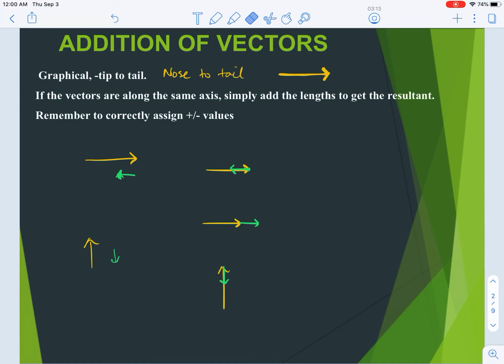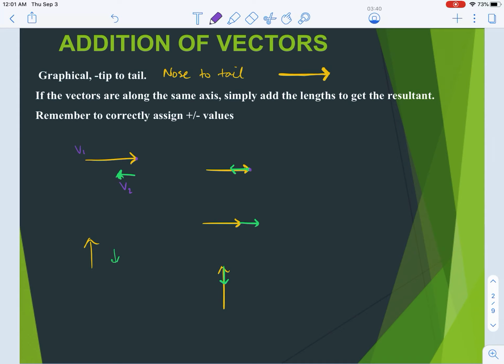So here you see some vectors that have already been combined. So in this first example, if I have this as my first vector, I am going to say the tip of this vector is where my second vector must be attached. And so indeed, that is what I did in the illustration over here.